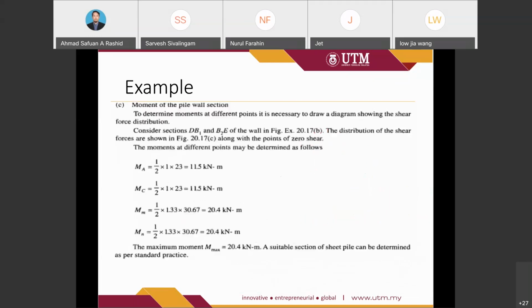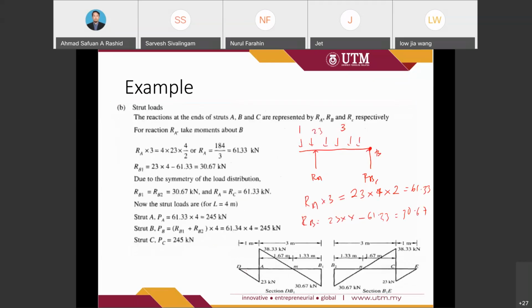So we may calculate the area, for example for this part and also for all parts, to determine the maximum moments.